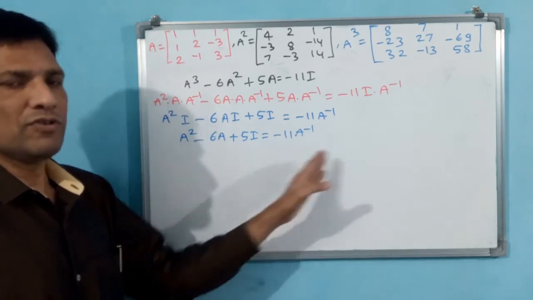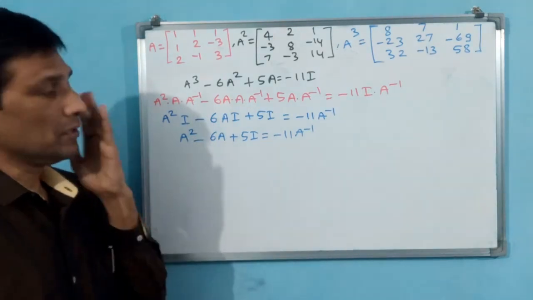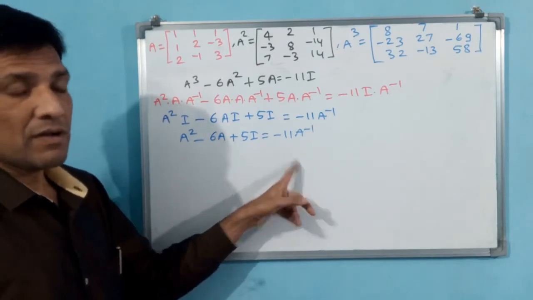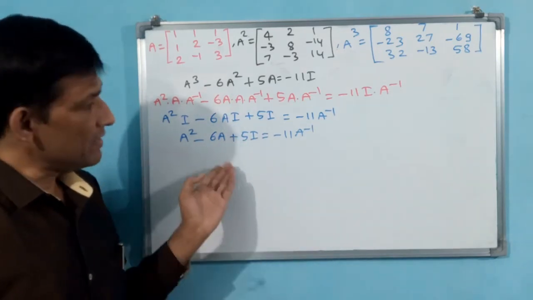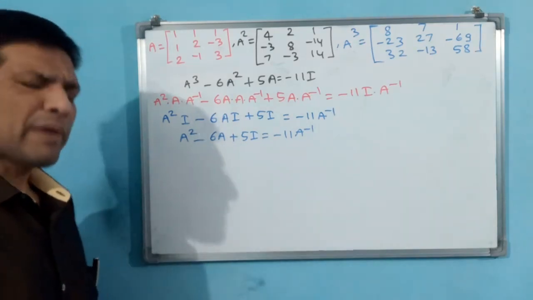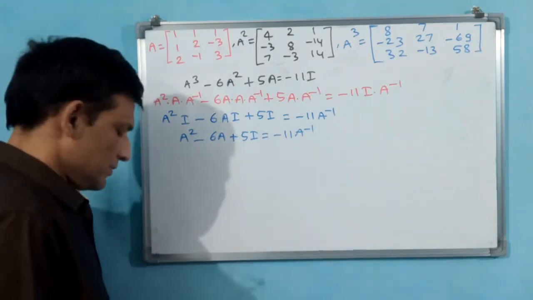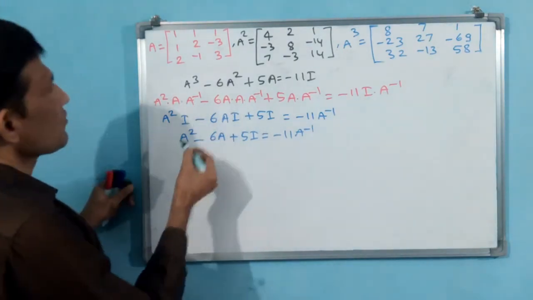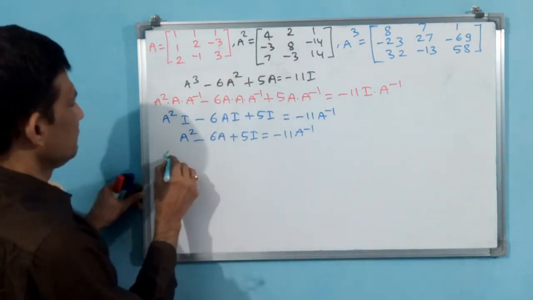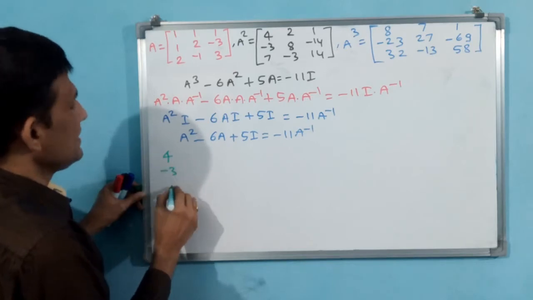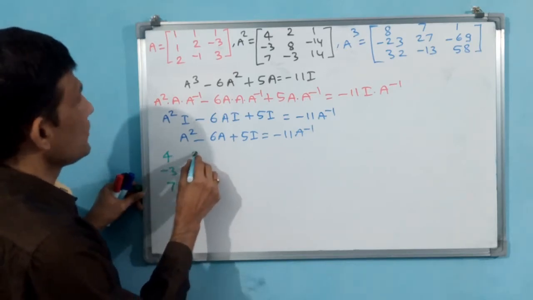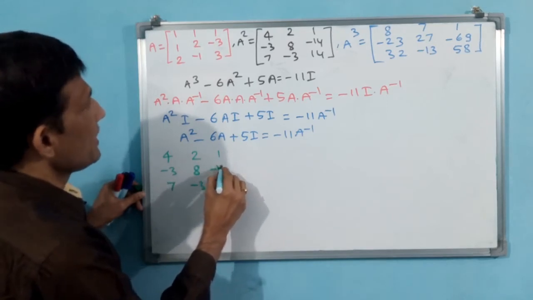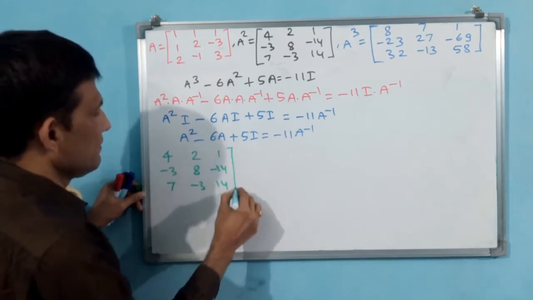5I we know: 5 0 0, 0 5 0, 0 0 5. Okay, minus 11 A inverse will come. For A inverse, again 1 divided by minus 11, or minus 1 by 11, we have to do. Let us do. See how I am doing. A square: 4 minus 3 7, 2 8 minus 3, 1 minus 14.